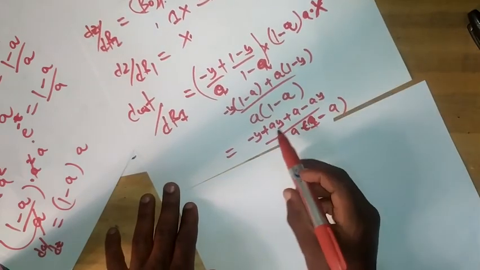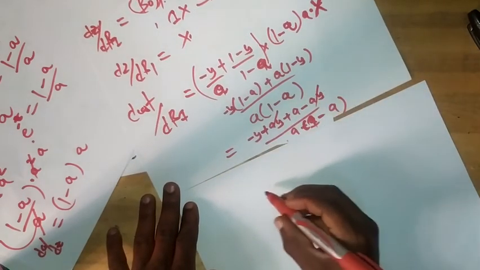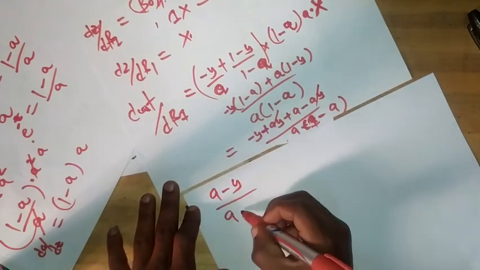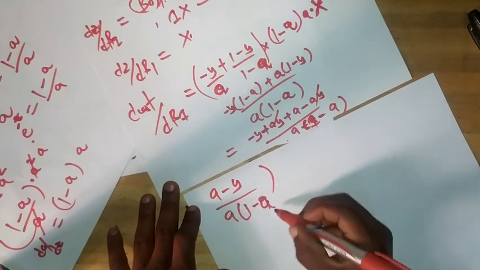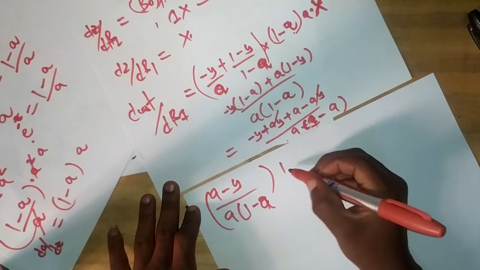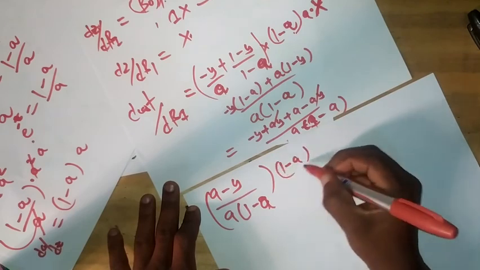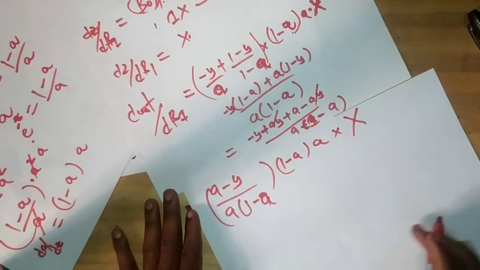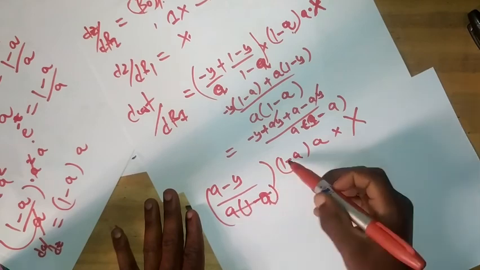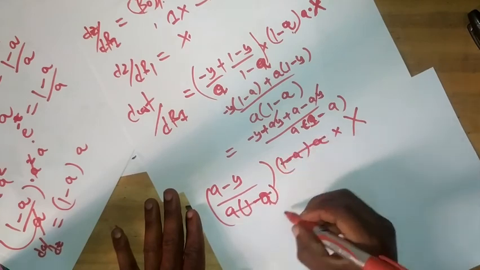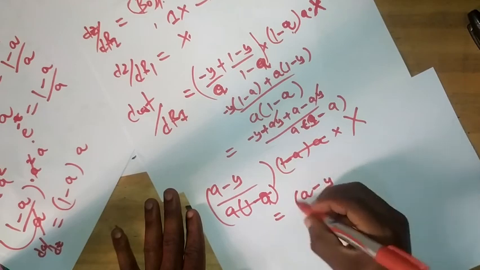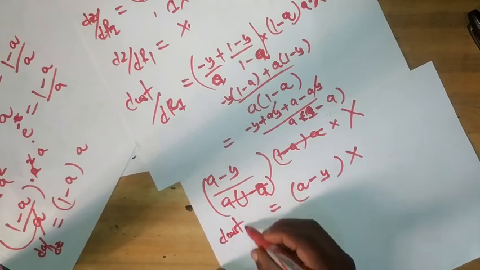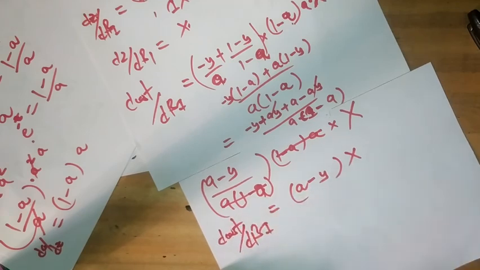This and this will cancel out, so it becomes a minus y over a times 1 minus a. Multiplied by a times 1 minus a, correct, multiplied by x. We know that these will cancel out, so we just remain with a minus y, times x. So this is our final derivative of cost with respect to beta 1.